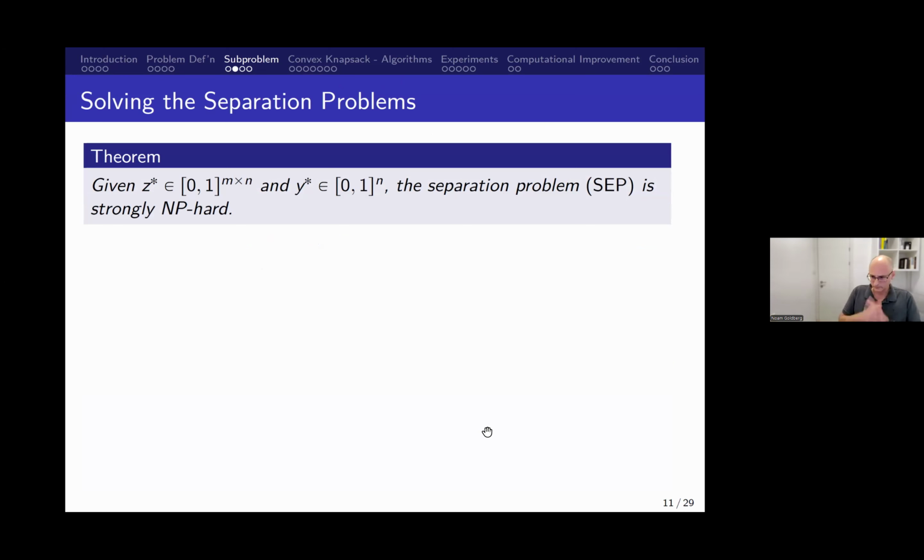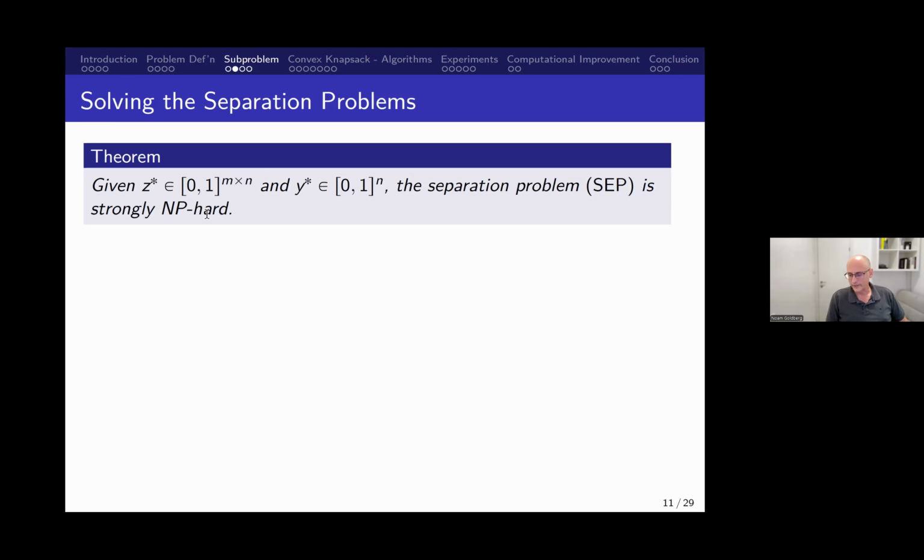Then we get to the question of how hard this problem is, and we start with the separation problem. We consider first fractional solutions to the master, and we want to find whether this subproblem is hard, and we're actually able to formally show that the problem is strongly hard for given fractional solutions Z star, Y star.